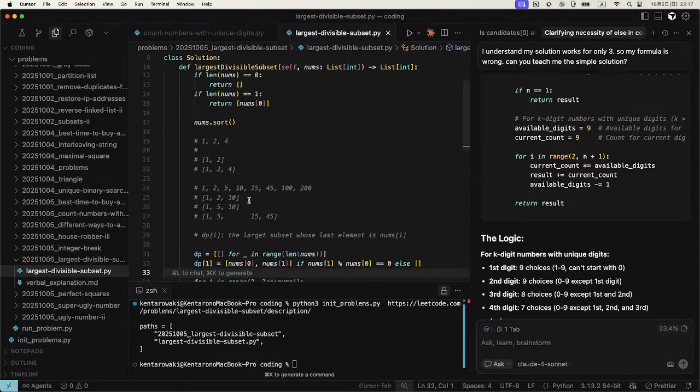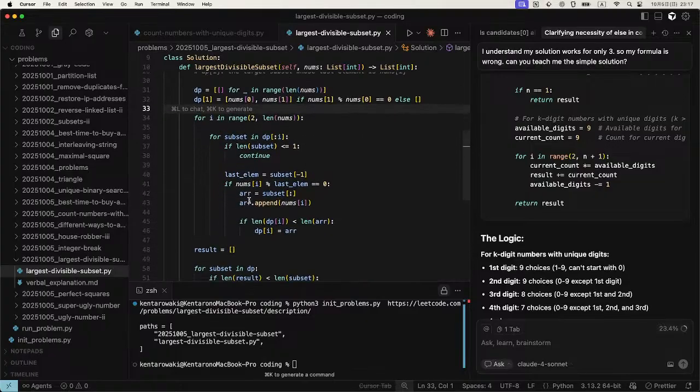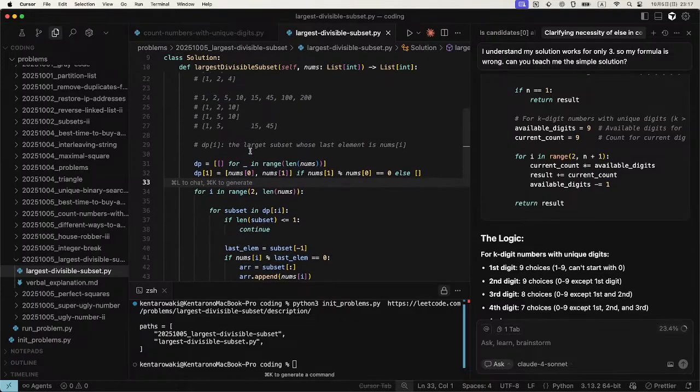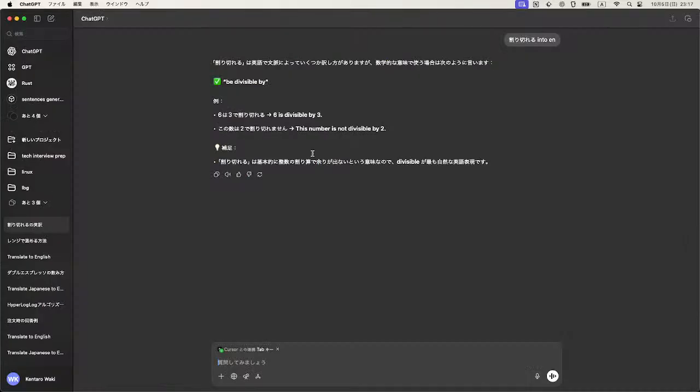Yeah, but the remaining part won't change, right? I think so.